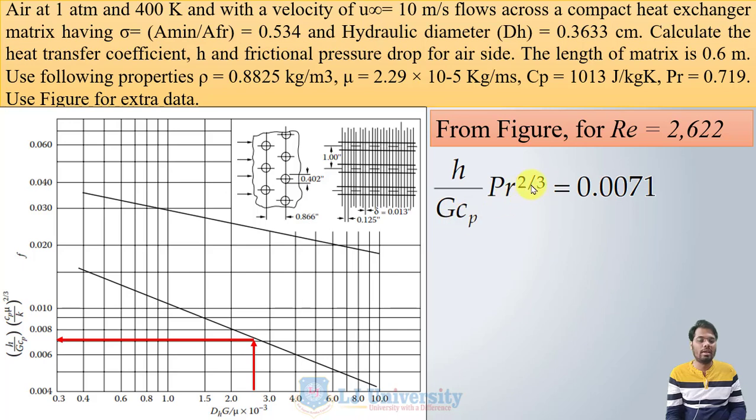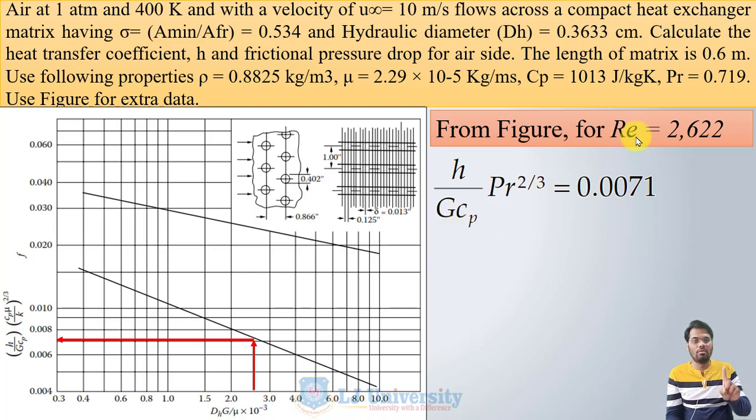This is how we identify the value from the Reynolds number by using this graph for this configuration, which is provided with the data. From this graph you can easily find the value of this relation from the Reynolds number.